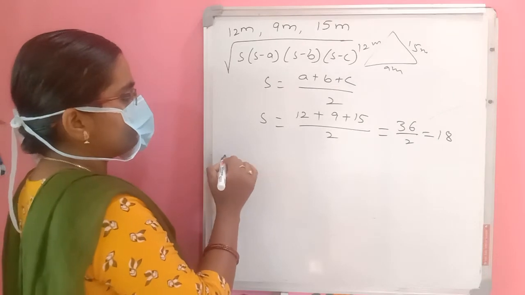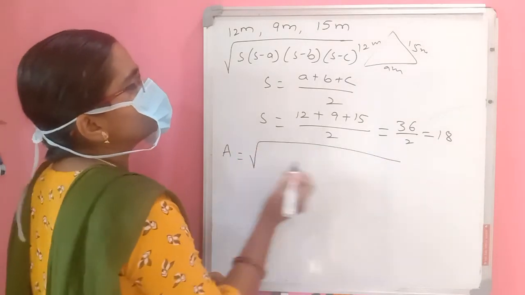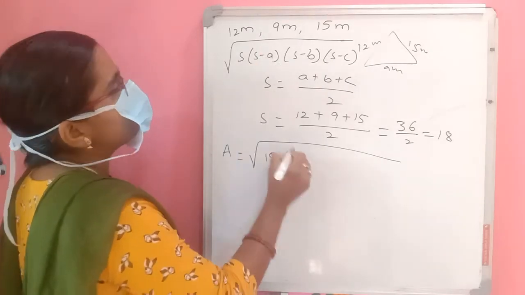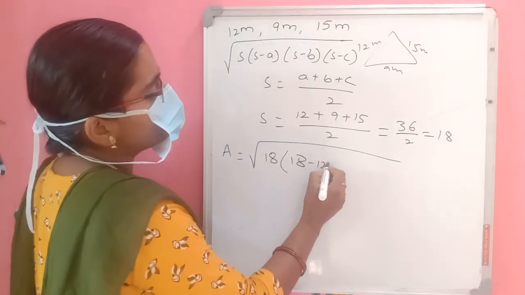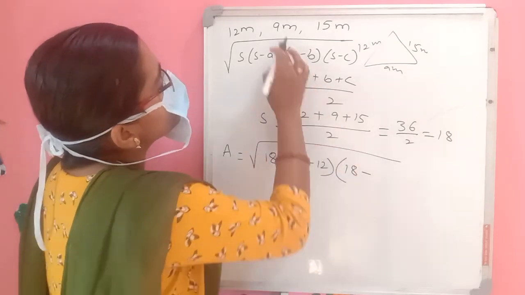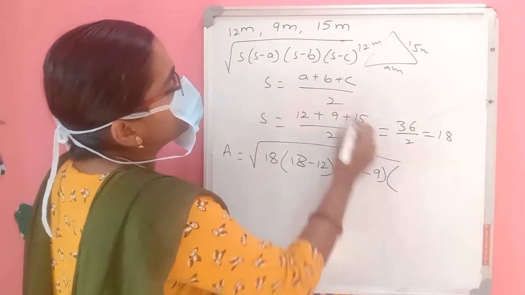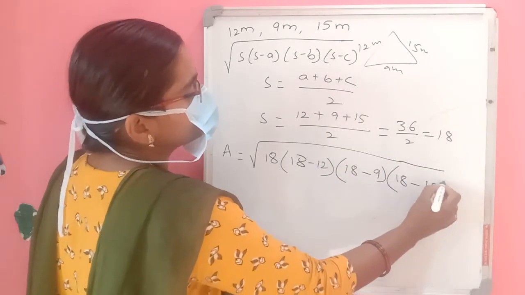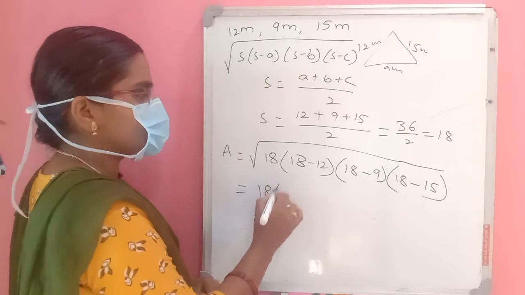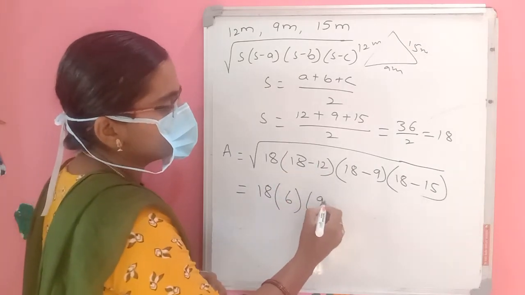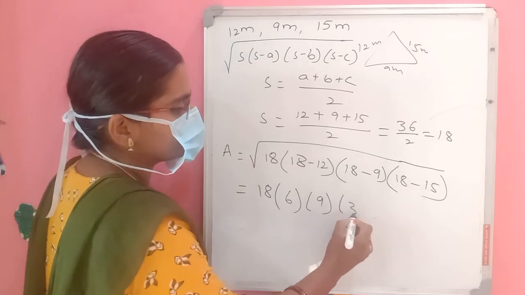Then the area of the triangle is the square root of s, 18, into (s minus a). 18 minus the first side 12, into (s minus b), s is 18 minus b is 9, into (s minus c), s is 18 minus c is 15. So 18 into (18 minus 12, which is 6), (18 minus 9, which is 9), (18 minus 15, which is 3).